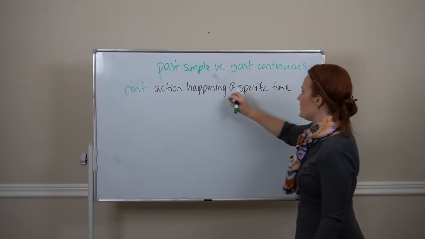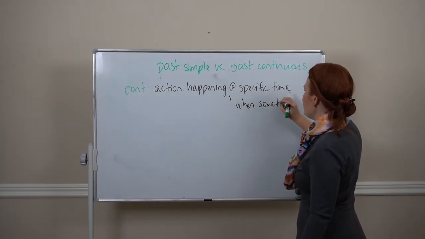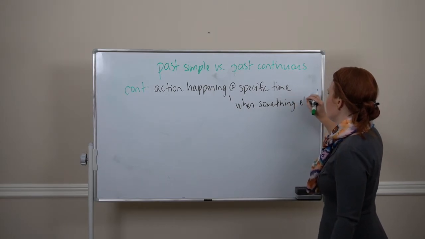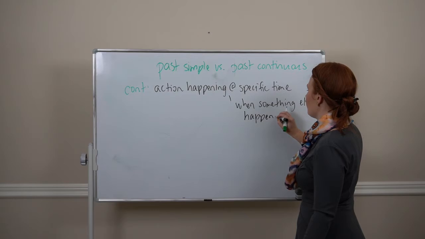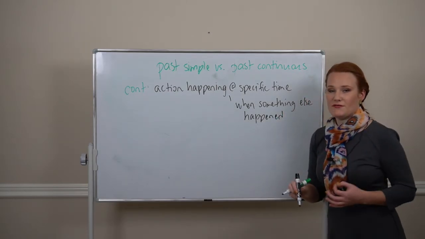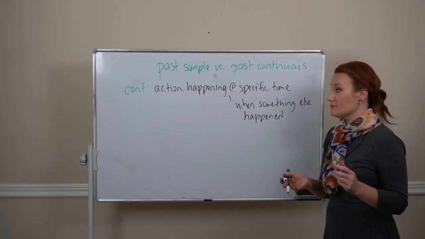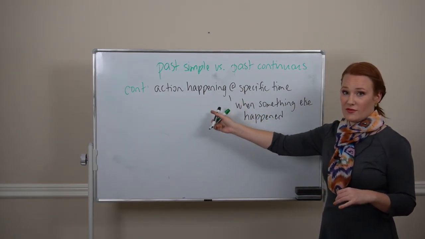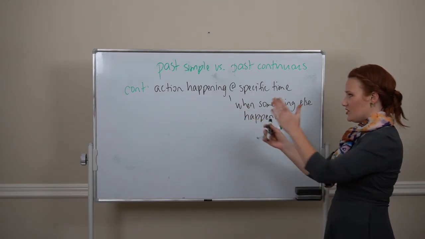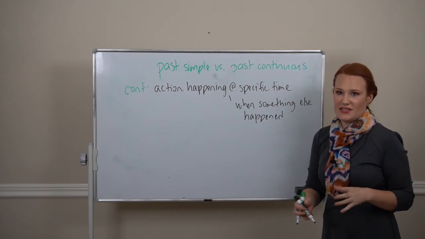Or an action happening when something else happened. I was performing when the man stood up and yelled. So using that continuous was performing that was occurring when something else happened. That's kind of an interrupting event.